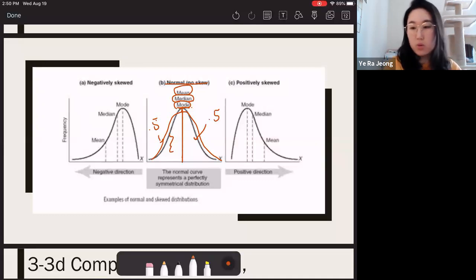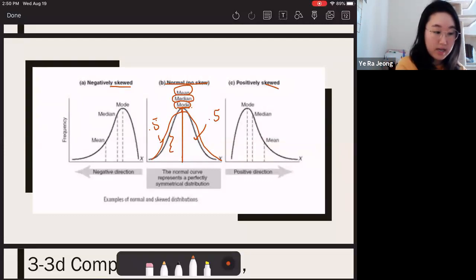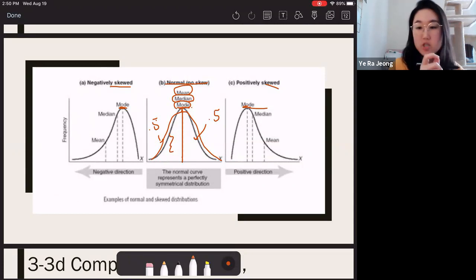But if you have a skewed distribution, whether it's negatively or positively skewed, mean, median, and mode get scattered throughout the distribution. Mode is always the easiest to find because it's the highest point of the graph. Whether it's normally distributed or skewed, the mode is always the highest point of the graph because that's the highest frequency.